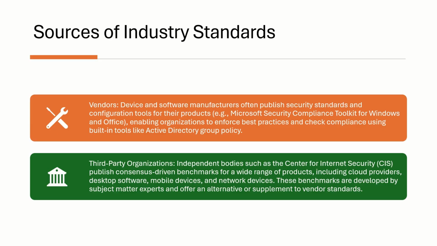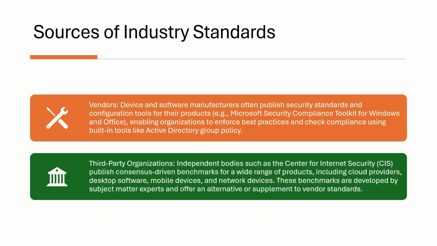When it comes to security baselines, the general practice that organizations will do is they would look towards industry standards. And in terms of industry standards, you would have the vendors' industry standards as a source.